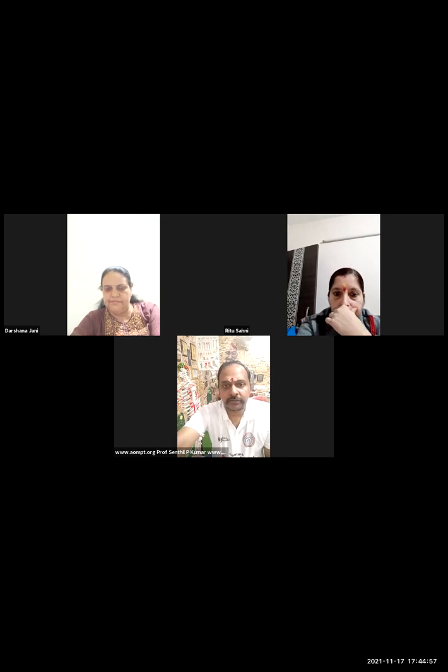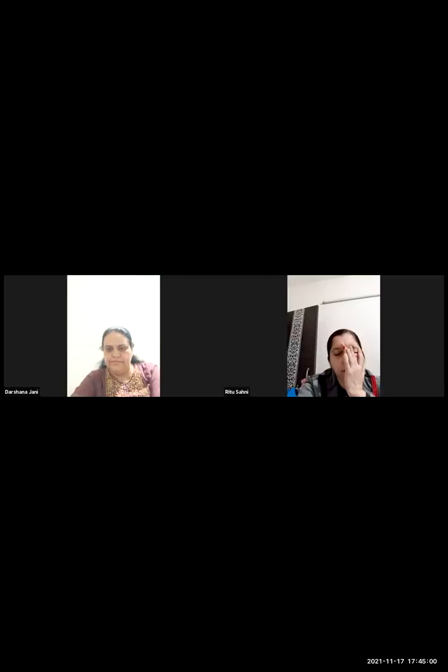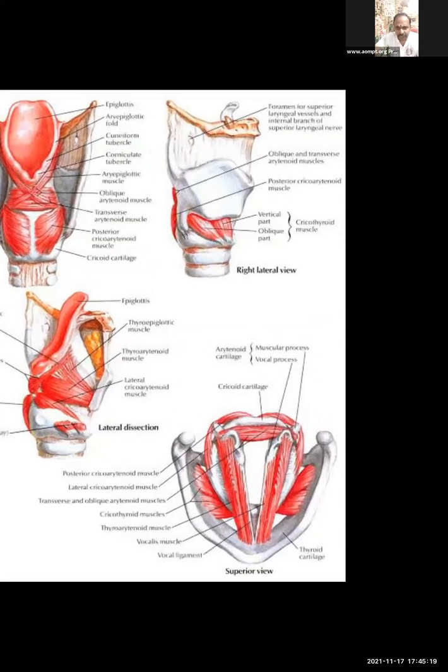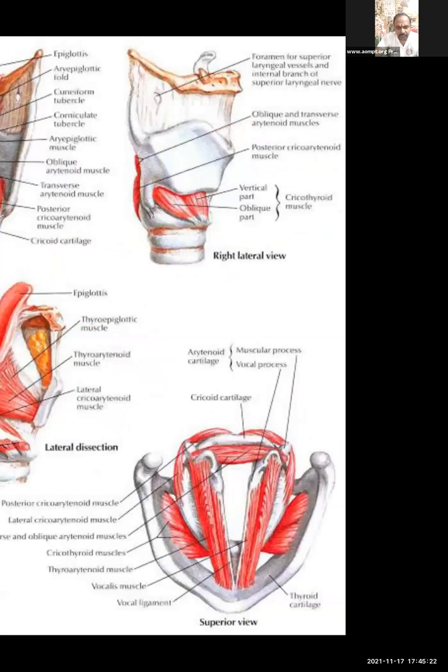Next, this is done. This is for pharynx and larynx. We may not see this much detail in the respiratory system. So try to see these muscles of the larynx: the cricoarytenoid, arytenoid, posterior, lateral and also anterior cricoarytenoid muscles.